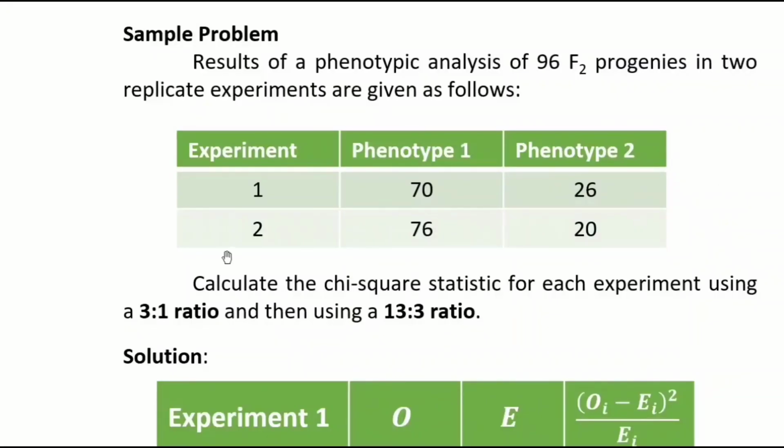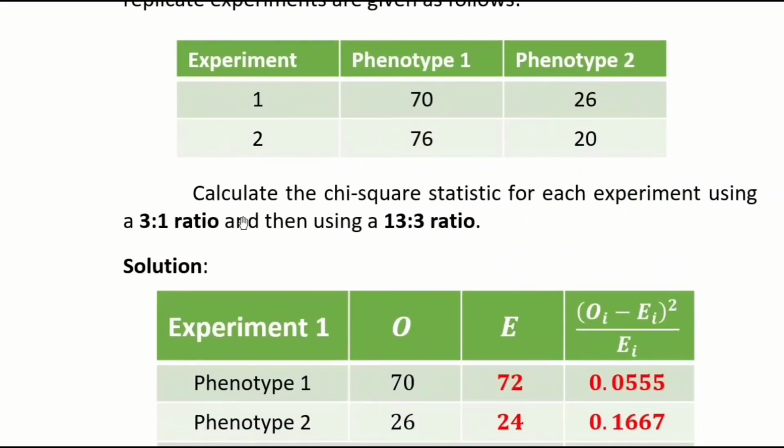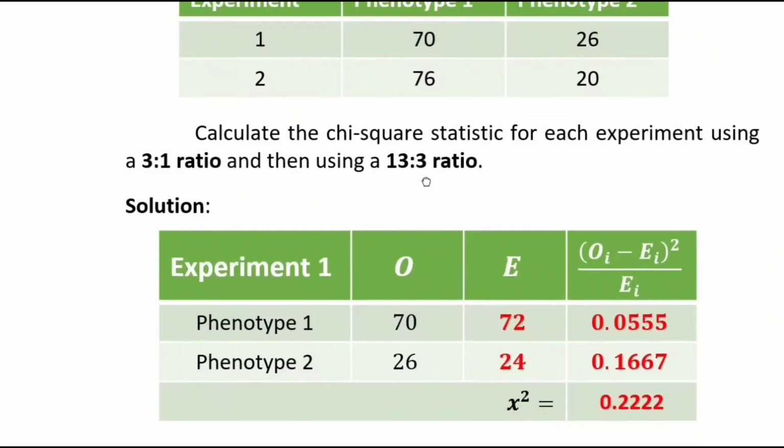So, yung second experiment, we have 76 and 20. So, most probably, yung phenotype 1 yung dominant and yung phenotype 2 yung recessive based from the ratio of the observation. And then it says here, calculate the chi-square statistic for each experiment using a 3:1 ratio and then using a 13:3 ratio.